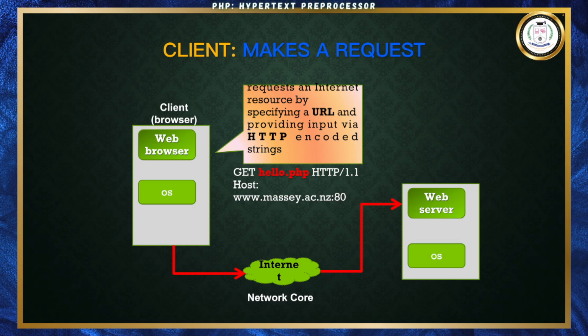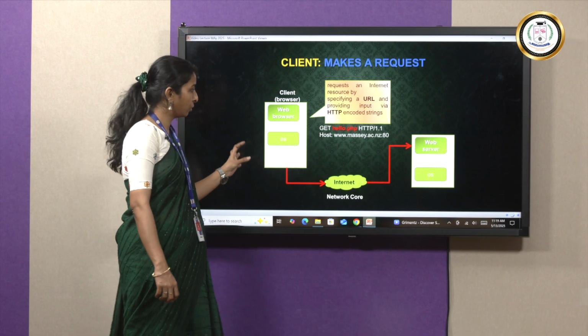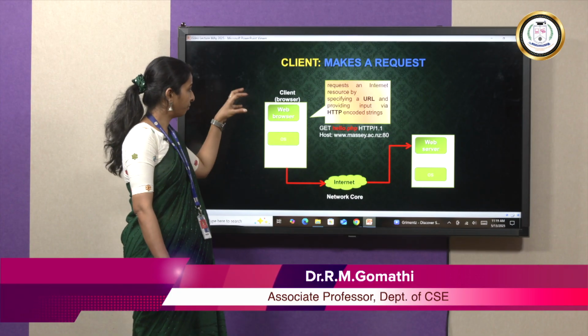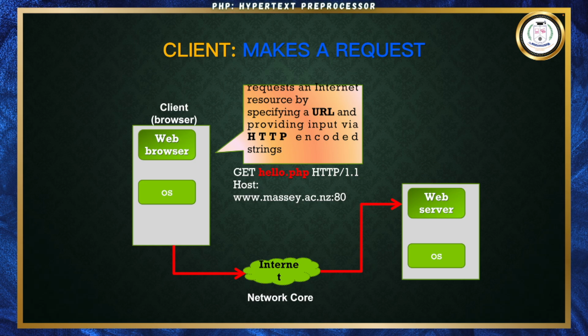Now let us move on to client-server communication via PHP: how the client requests to the server and how the server responds back to the client via PHP. So we have a client machine here and we have a web server. The web browser is located at the client side, your host machine. Suppose you request a URL, for example www.massey.ac.nz, so this is the requested URL which is initiated at the browser on your client side.